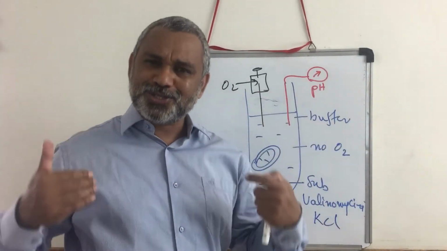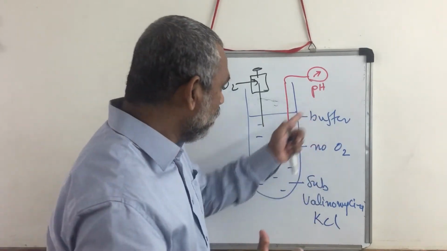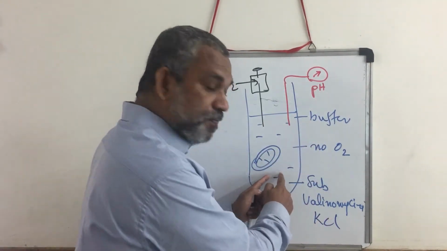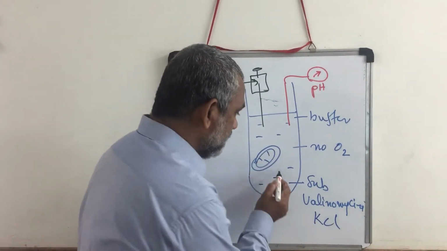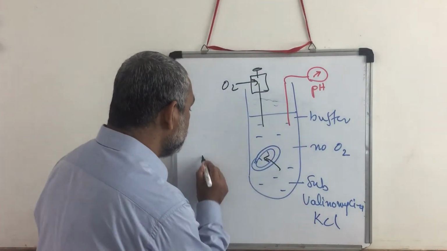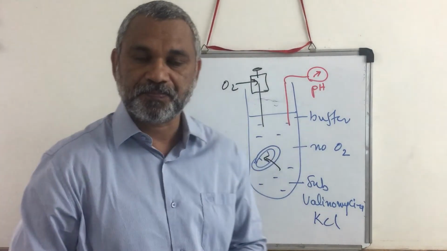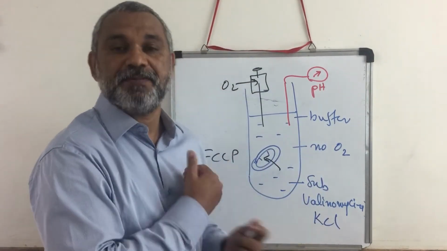When all the oxygen is used up, what will happen? If the protons are pumped back into the matrix, the protons are pumped back by using a chemical known as FCCP. It's another uncoupler, a chemical uncoupler which is used in experimental studies.